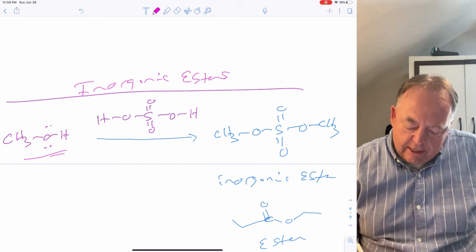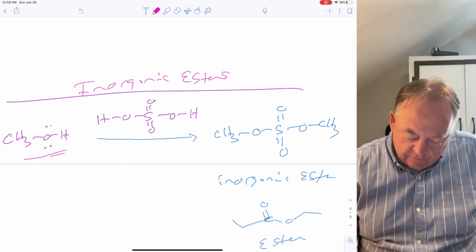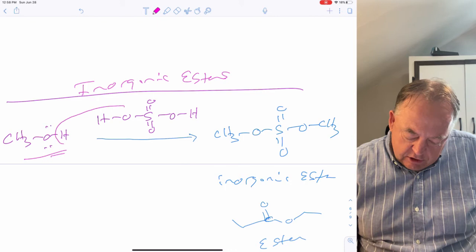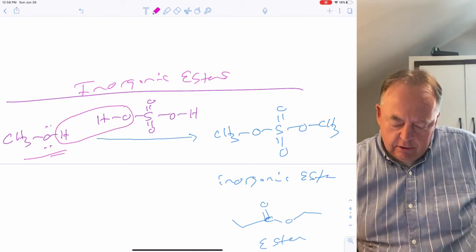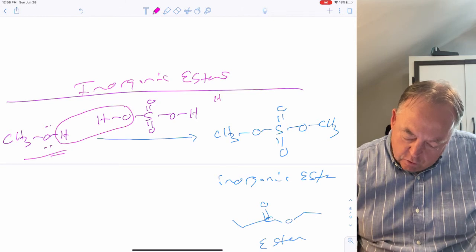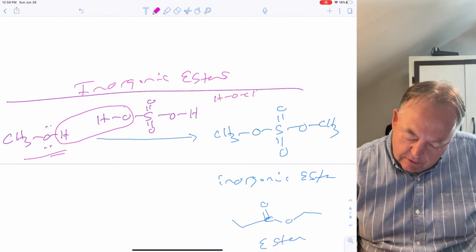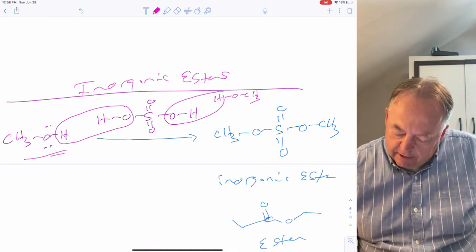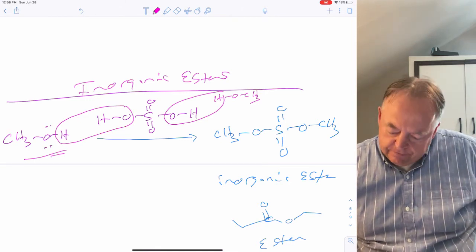But another reaction that could occur between an alcohol and sulfuric acid is similar to a Fischer esterification. You can lose a molecule of water. And since sulfuric acid has 2 OHs, right, you could do this to both sides, and then you can make what's called an inorganic ester.